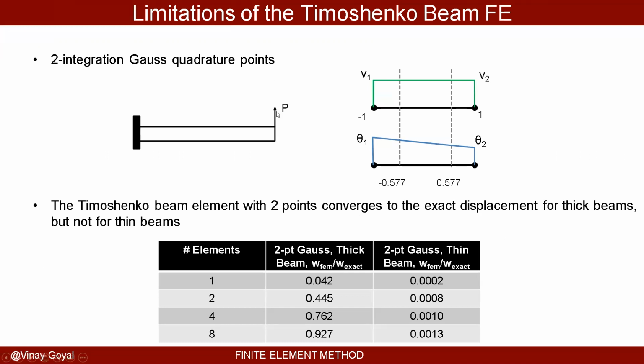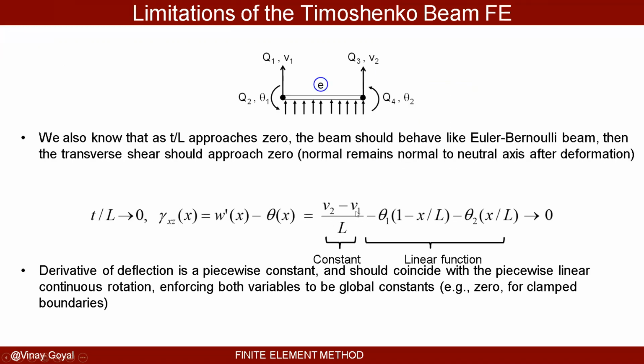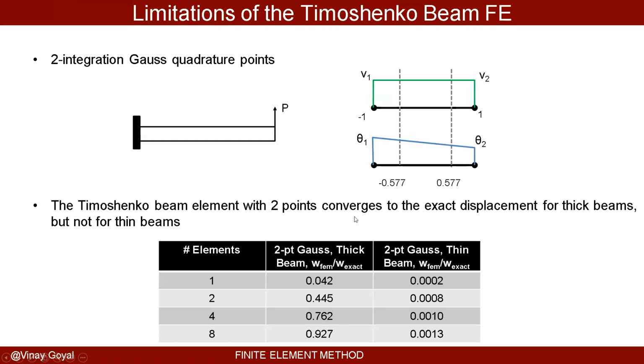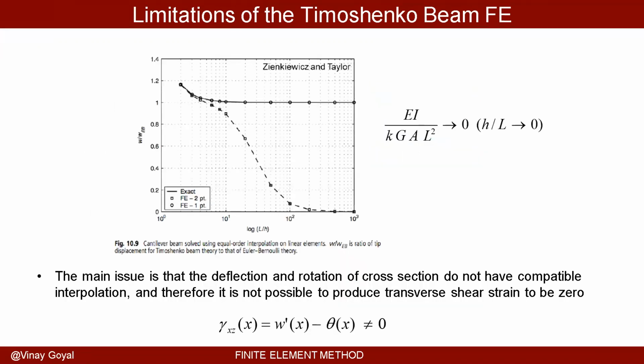I repeated the plot here again to kind of show you what's going on. V1 and V2 are stuck as close to zero. And this is from a book by Taylor, Zienkiewicz. And you can see here that W over W Euler-Bernoulli beam does fairly well.